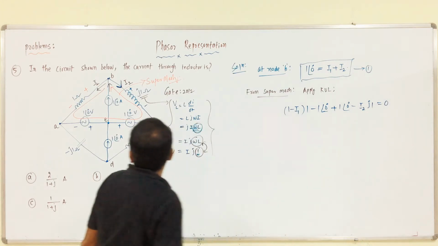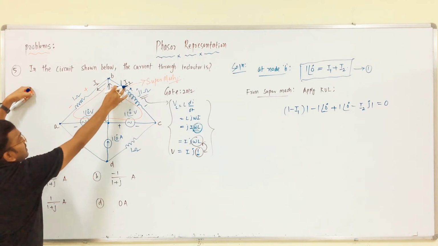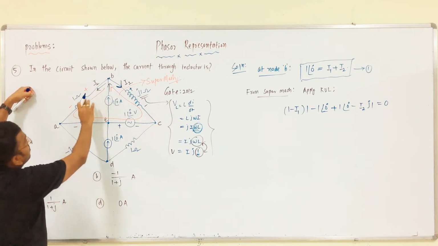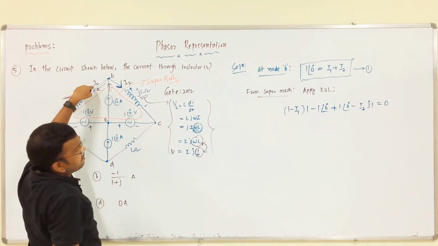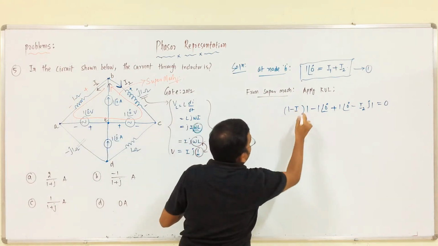The current through this branch is I1 into 1.